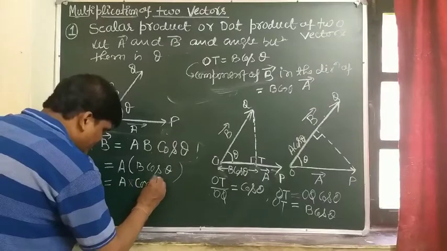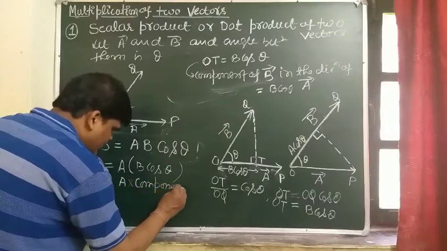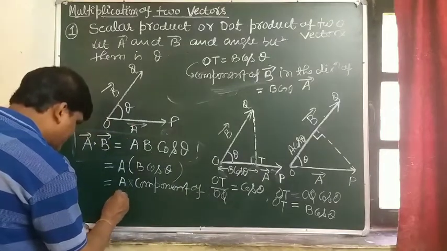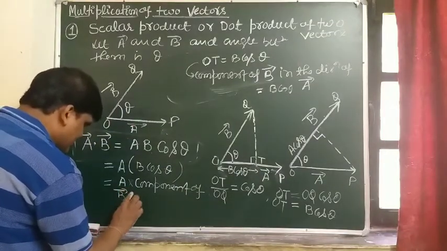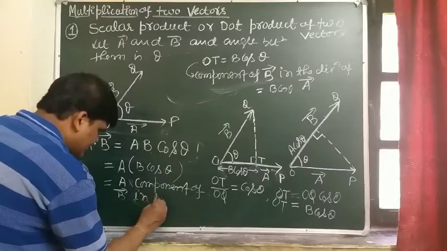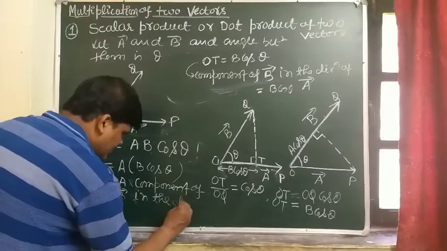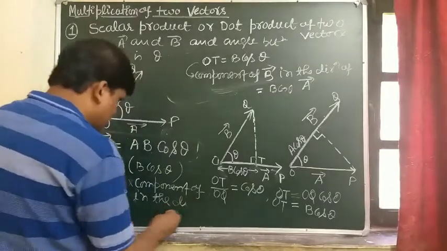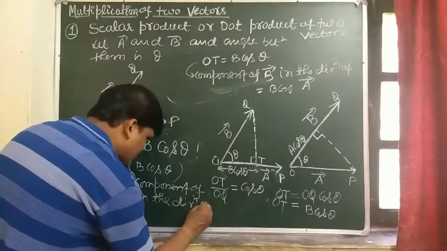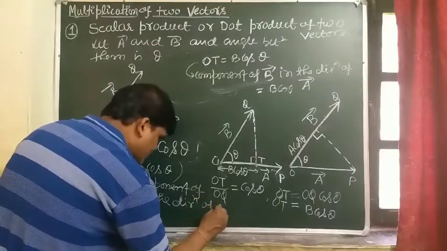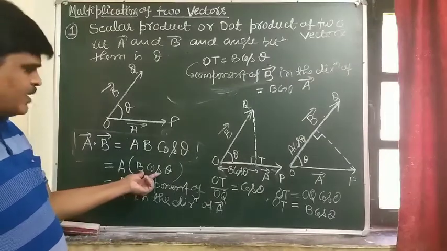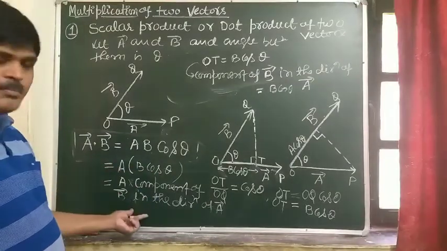the component of vector B in the direction of vector A. The formula remains the same, only we have to write it in another manner.